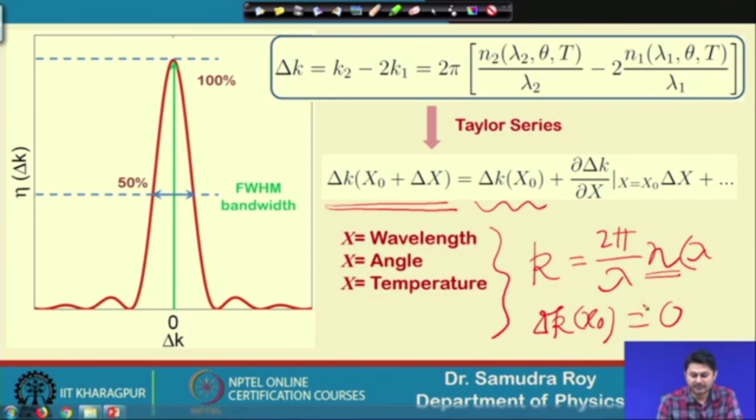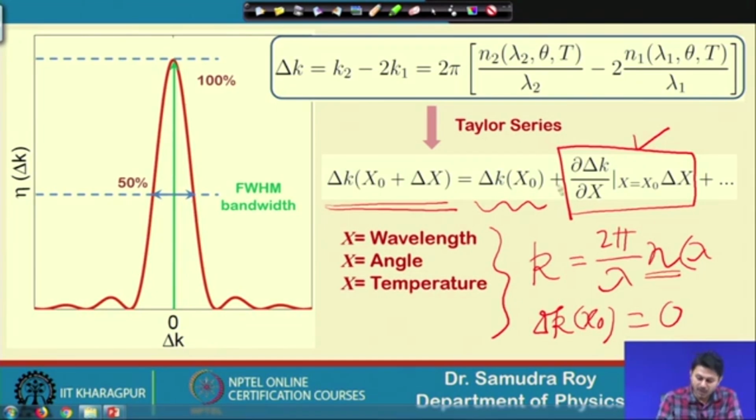But if we have some kind of deviation from x 0, then we have a next higher order term, which is d delta k by dx at x equal to 0 multiplied by delta x. That means this is the term which basically measures the amount of deviation of delta k. So, how to find this term?